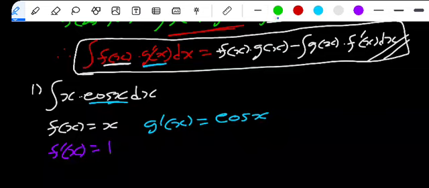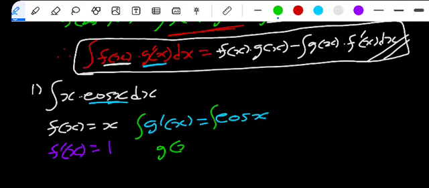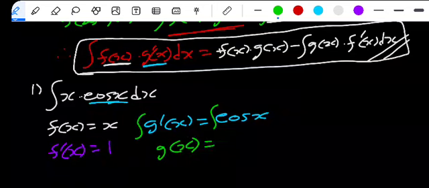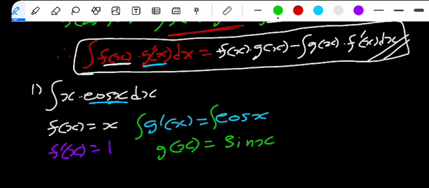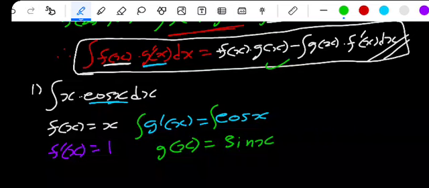Then I take the integral of both sides, and I'm left with g of x, the integral of cos x, which we know will be positive sine x. Now we can substitute in our formula.